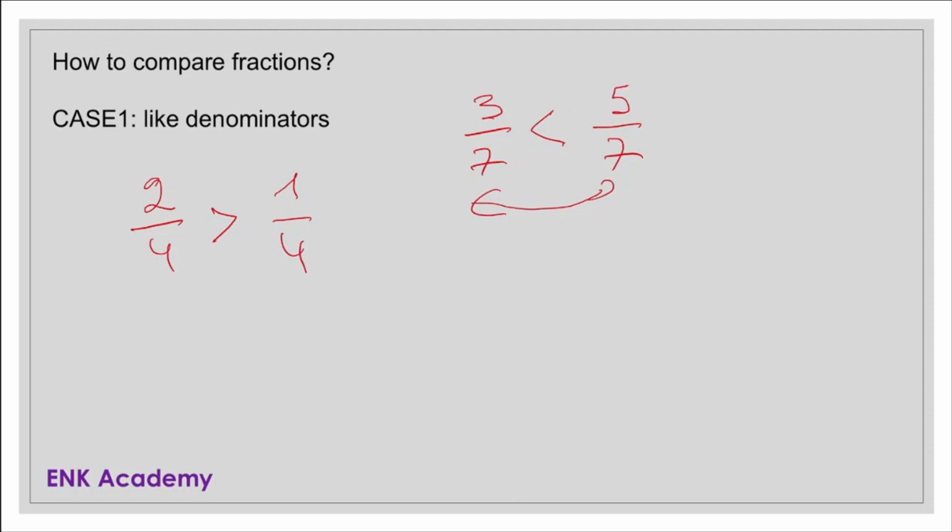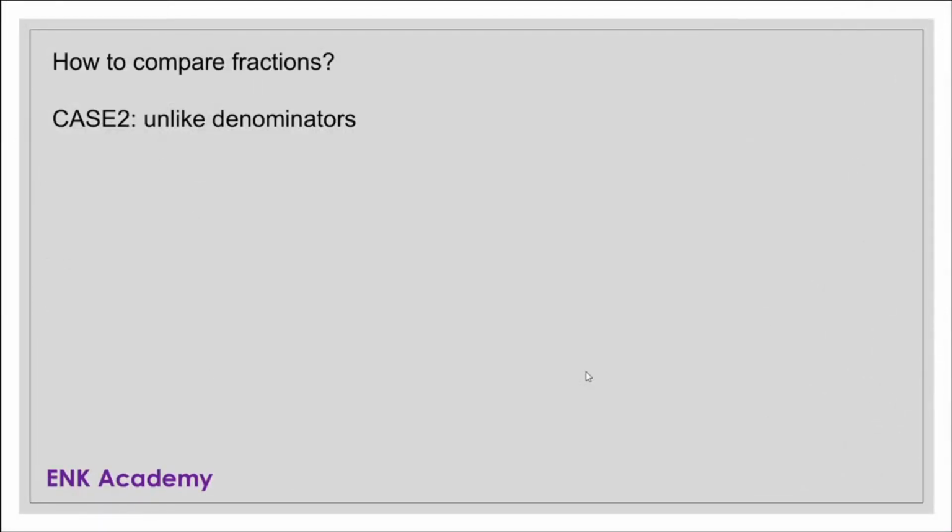So this is actually a very easy way to compare fractions with like denominators. But we also have cases where we have unlike denominators. How do we then compare fractions with unlike denominators?